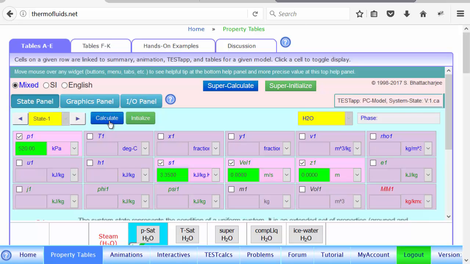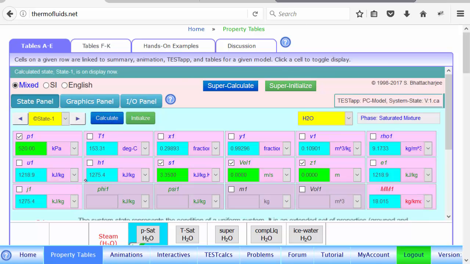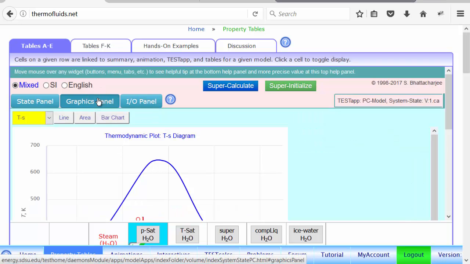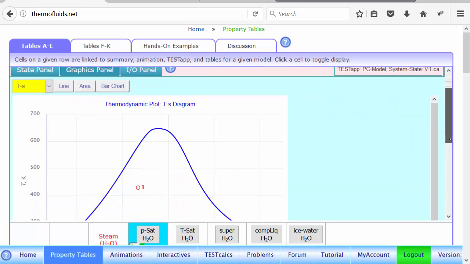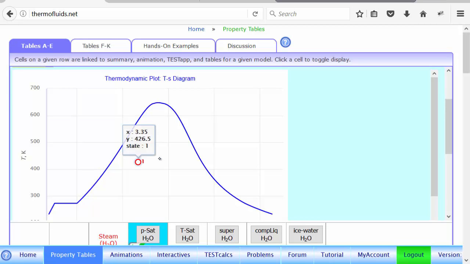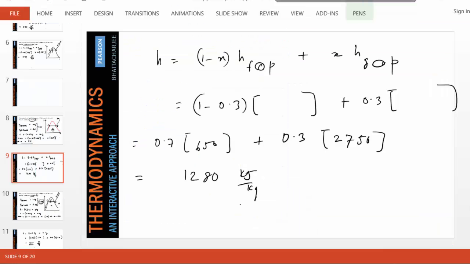And if we just calculate, it finds the enthalpy for us, which is 1275, which is pretty close to what we found. Again, the graphics panel will show that we do have the solution inside the dome. That means it's a mixture. So we have answered the question, and the answer has been well verified. 1275 as opposed to 1280. Percent-wise, the difference is almost nothing.